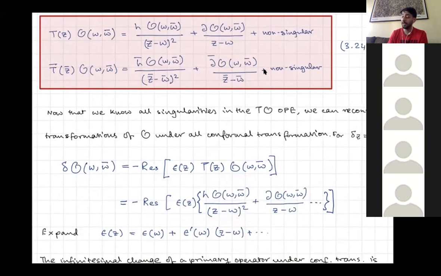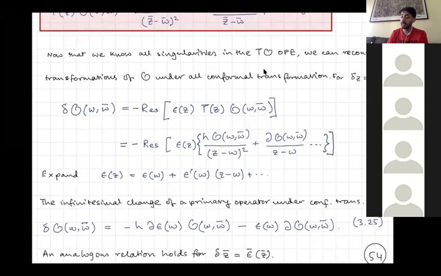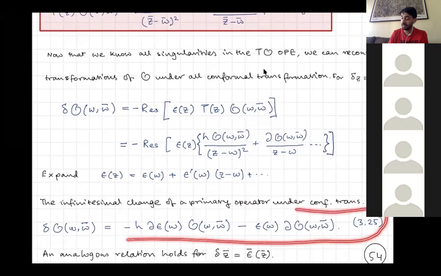Once you do this, you need to pull out the 1 over z piece. So what you'll get is that the change in O is given by h. This is what the change in O will be.